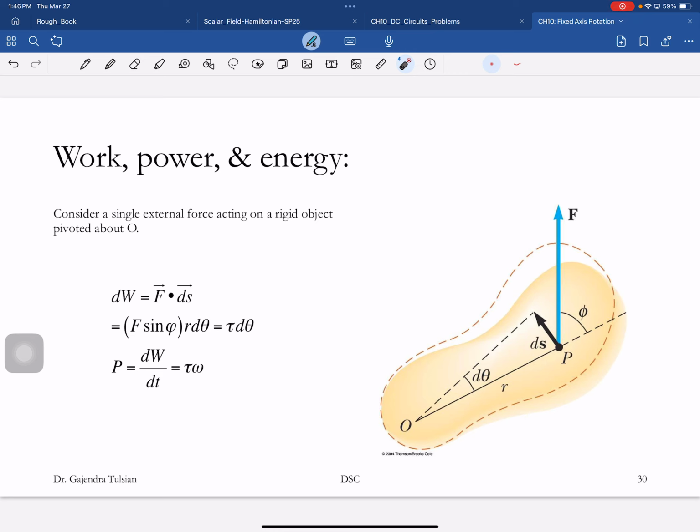Here's how you derive it. This is the infinitesimal amount of work done. This object is fixed to rotate about that point, and you apply this force, and the point moved through a small infinitesimal displacement. The work done was the component of the force in this direction, F sine phi, times ds, and ds is r d theta.